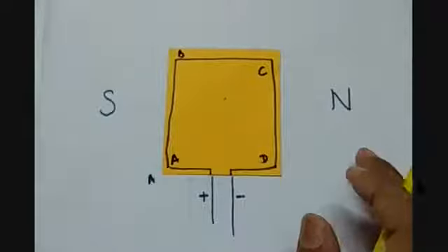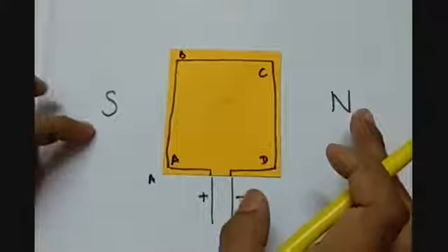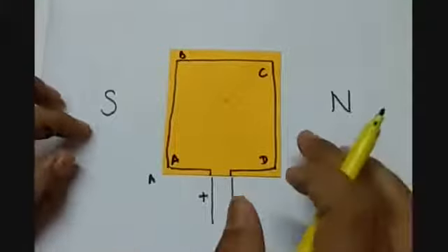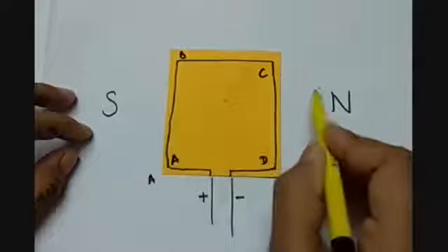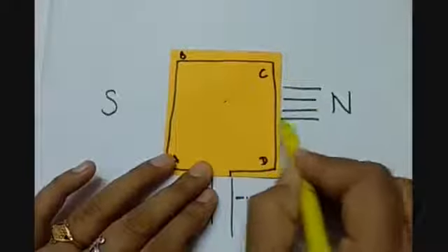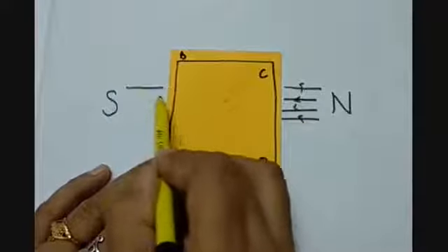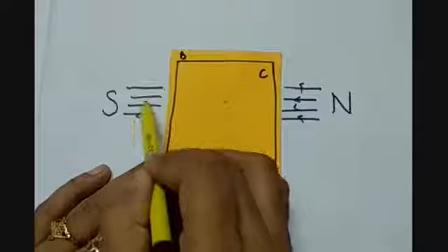You can have the north and south poles at any side, but if you have this situation, then the magnetic field lines will be in this direction. They will emerge from the north and enter the south.